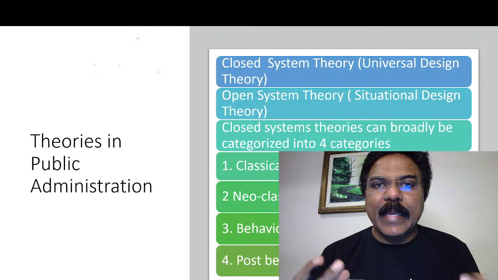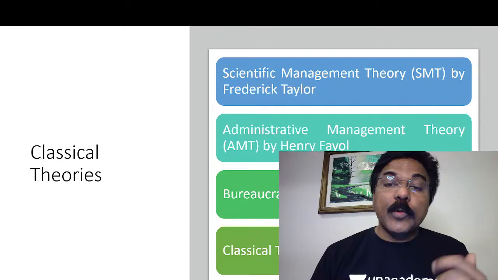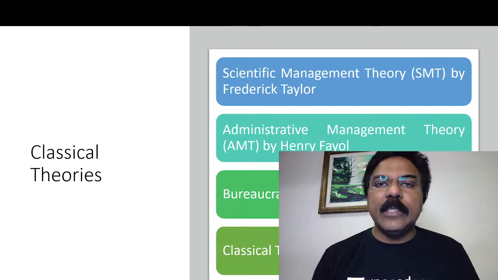Scientific management theory by Frederick Taylor is one. You'll be learning it in another week's time. Then administrative management theory by Henri Fayol, a Frenchman. Bureaucratic theory by Max Weber. This is the most important theory, because the bureaucracy that we have in India today is mostly, 90%, 99% you can say, Weberian bureaucracy.